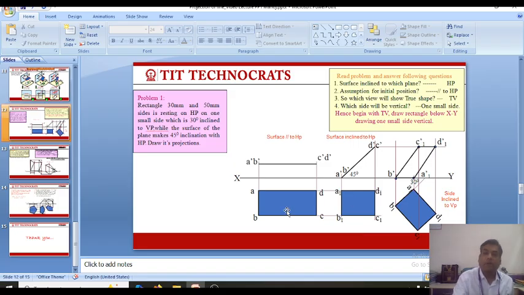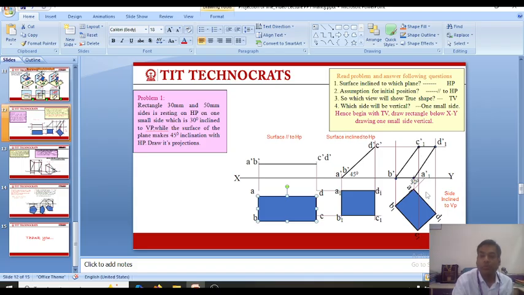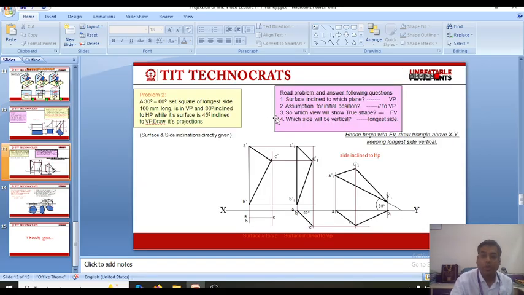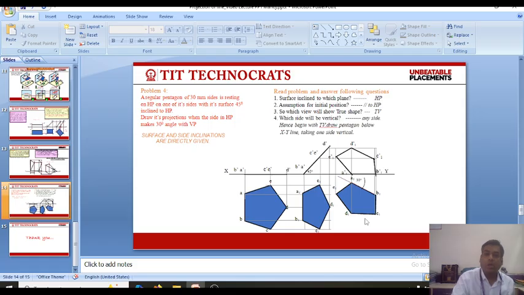Means if the true shape of the problem is drawn in top view, then the final view will be received in front view. While if the problem starts from front view, then the final view is the top view as shown in this figure. So, by using this methodology, you can solve any problem of planes.